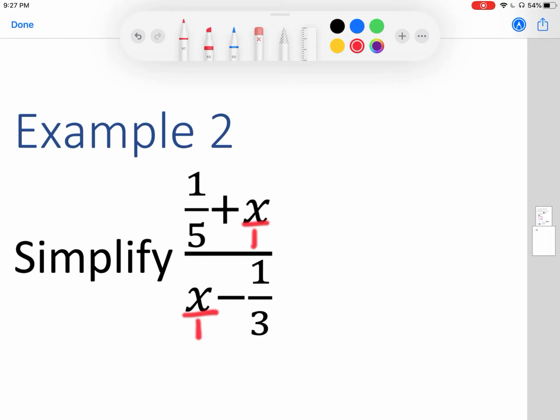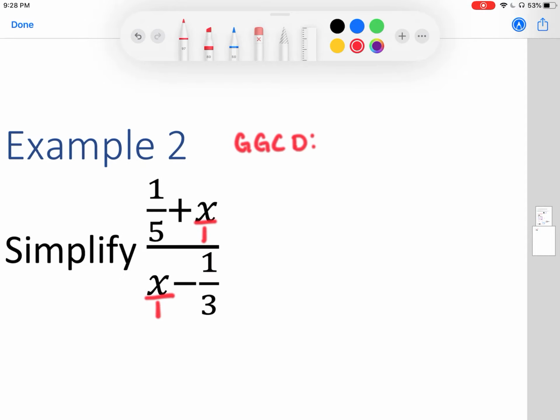Our problem is asking to simplify 1 over 5 plus x divided by x minus 1 over 3. So what we're going to do is think of all the denominators. So for our greatest common denominator, we have a 5, a 1, and a 3.